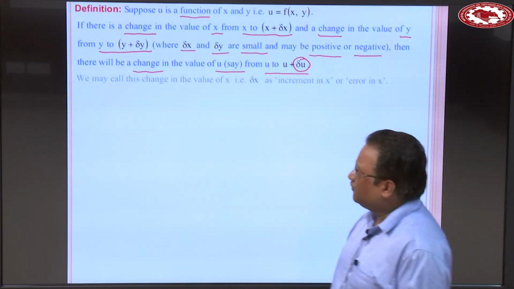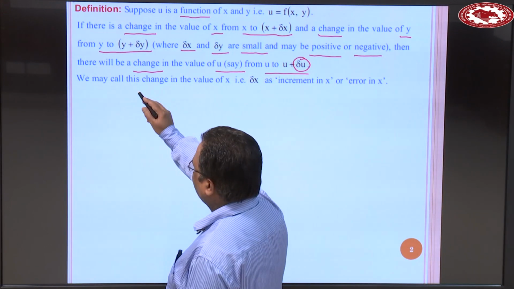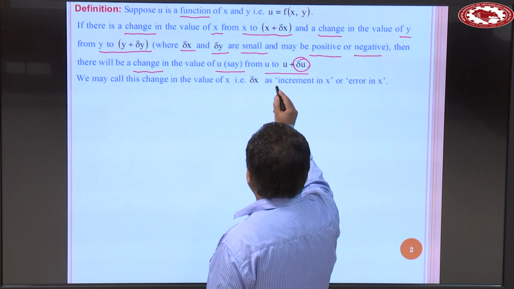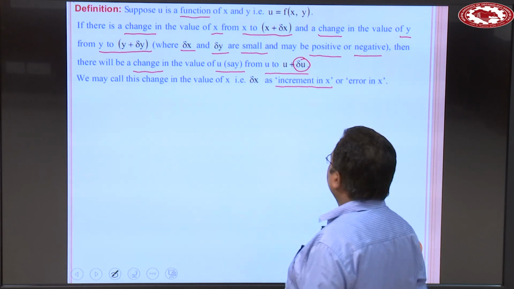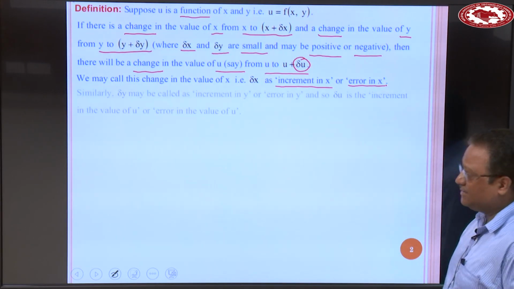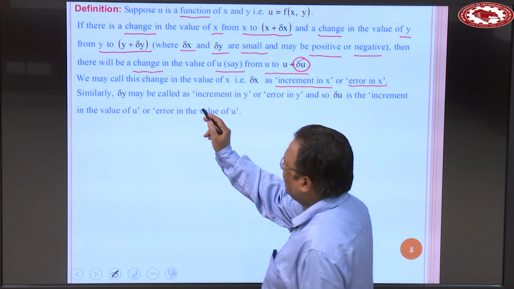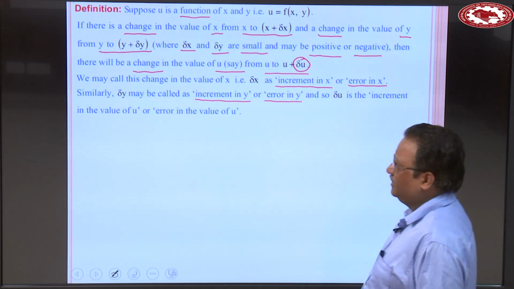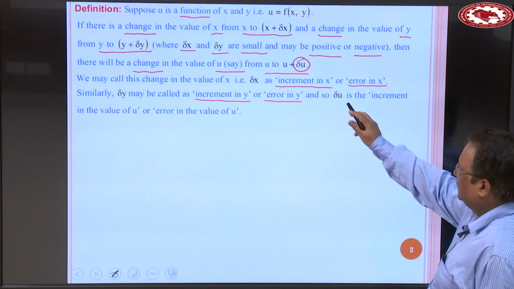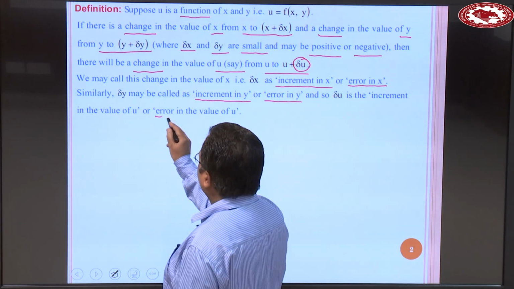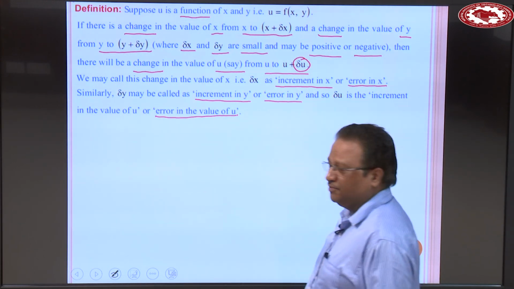We may call delta x the increment in x or error in the value of x. Similarly, delta y may be called the increment in y or error in the value of y. Then delta u is the increment in the value of u or the error in the value of u.